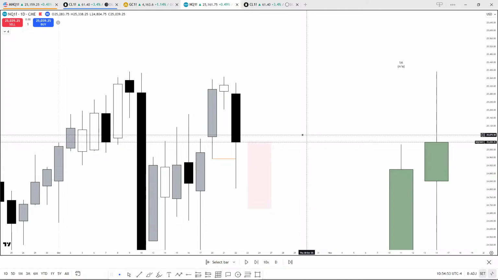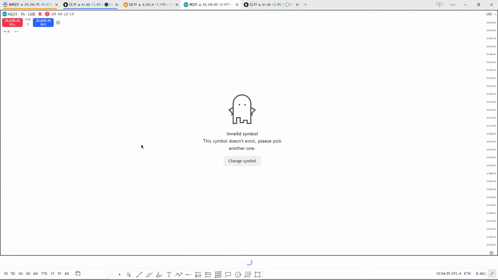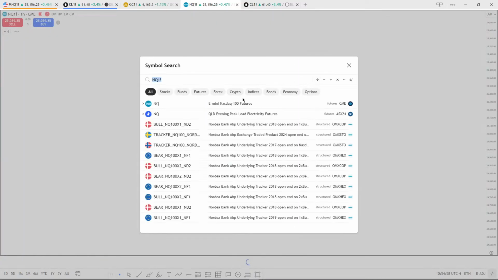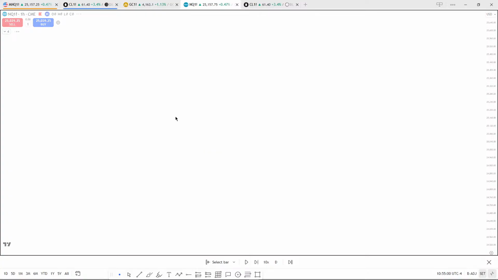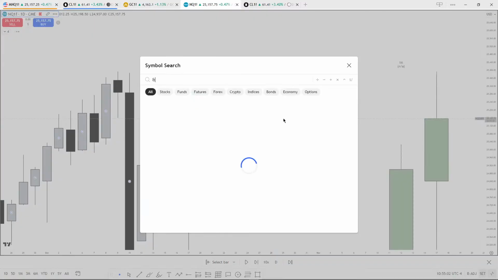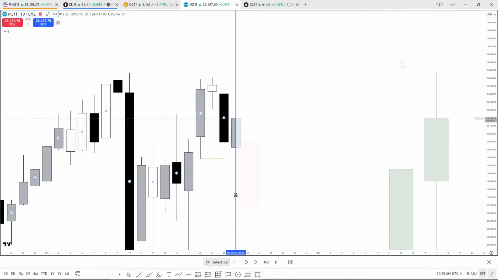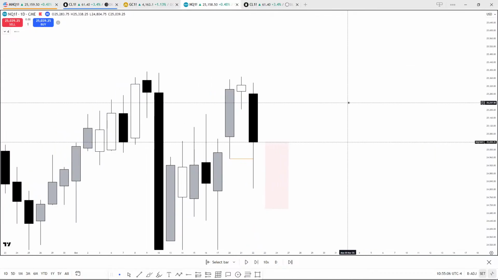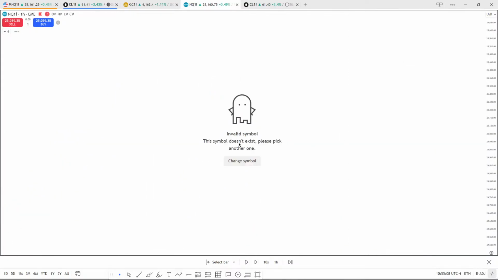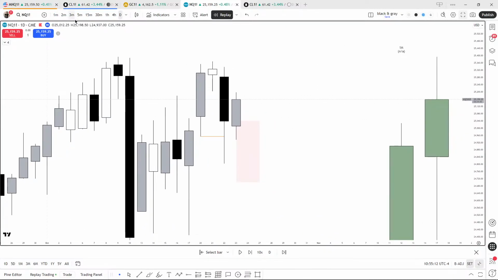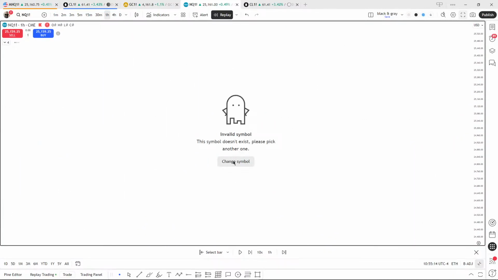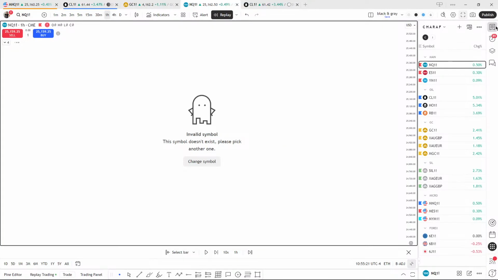Like, going on an hourly, if you're trading a T-Trace fractal model, what just happened? What? So we go to that 60 minute, which is the hourly. Invalid symbol, the symbol doesn't exist. Wow. Hourly? What's going on? What's going on right there?